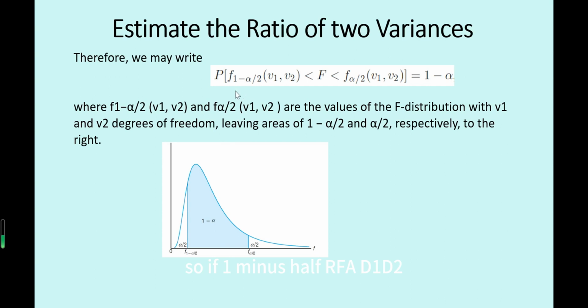F 1 minus half alpha with V1, V2 represents this critical value, and F half alpha with V1, V2 represents this critical value. So the probability of F between these two critical values is 1 minus alpha.